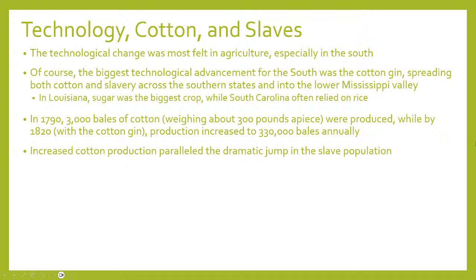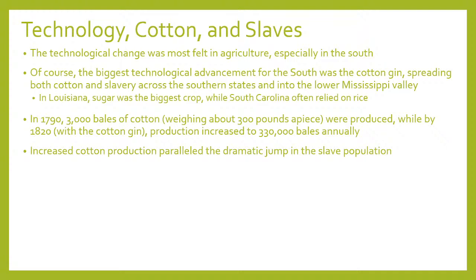Obviously, with more cotton being produced, the number of slaves increased as well. There was a greater need for labor to plant and grow and harvest the cotton, while the labor for getting the seeds out might have almost gone away.